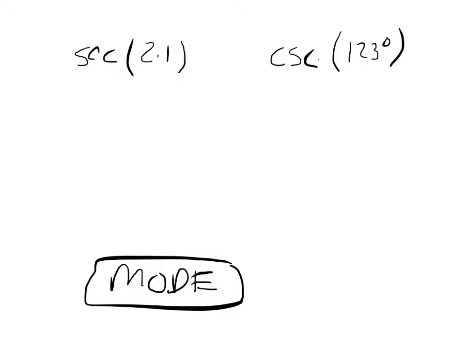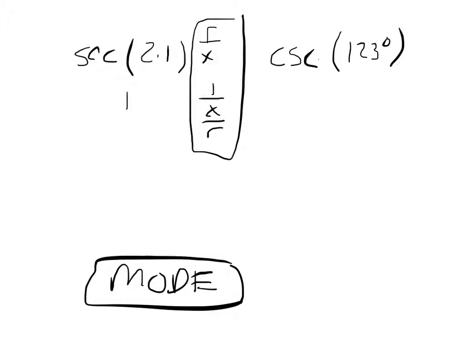The key is you have to use the reciprocal definitions for your trig values. To find the secant of 2.1, the secant, you'll remember, is r over x. So if that's r over x, then 1 over x over r is equivalent, and that would be 1 over the cosine of 2.1.